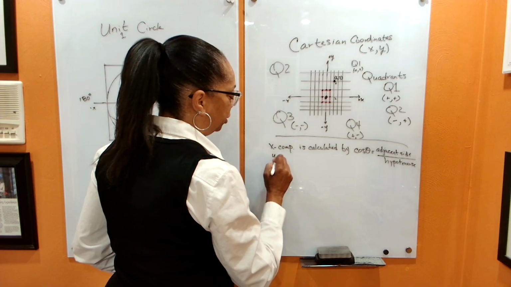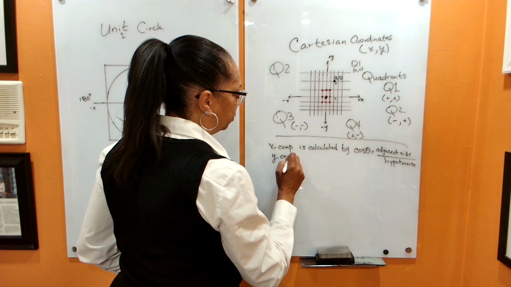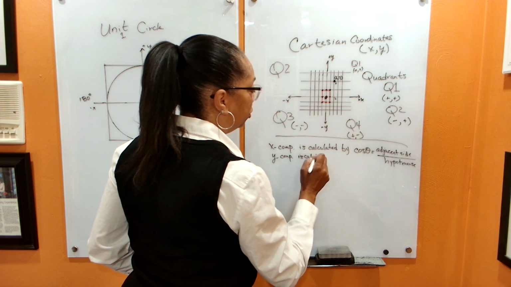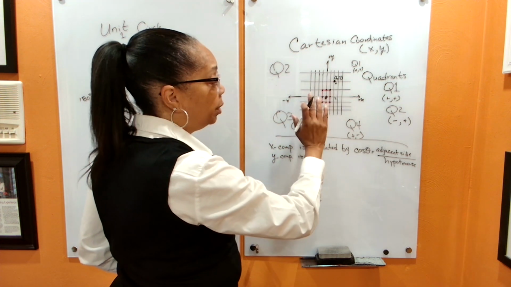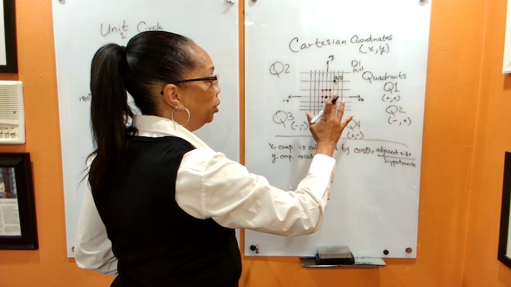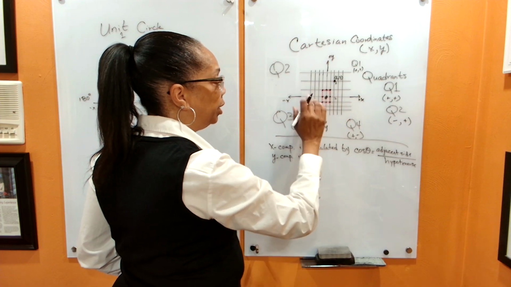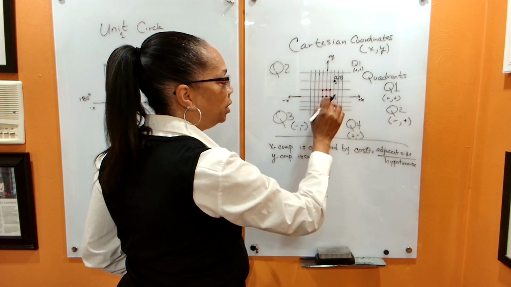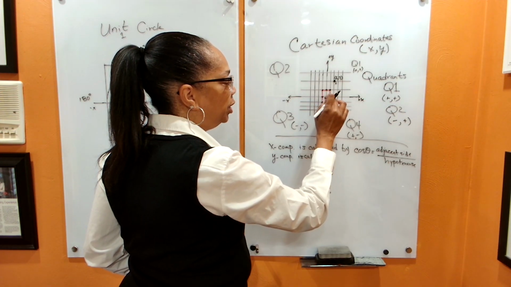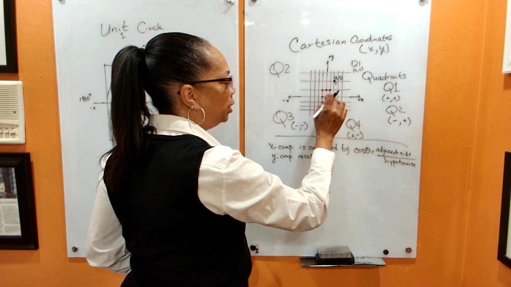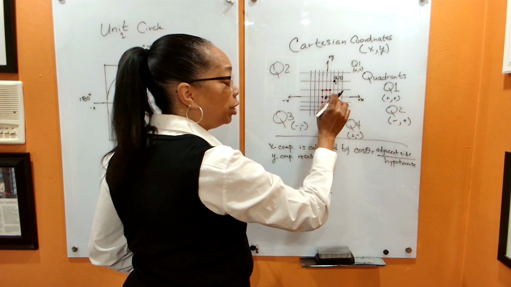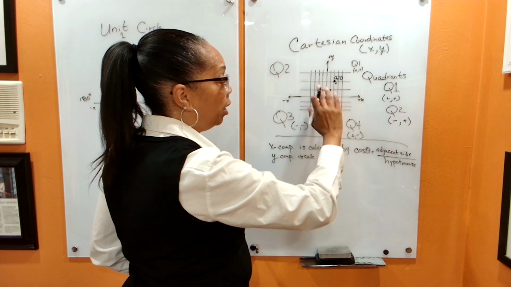So the y component is calculated. Now notice we didn't do any of those calculations up here on this Cartesian grid, because we could just count it out, because we were outside of this little space between 0 and 1. So anything between 0 and 1 is like a half or a fourth or 0.12 or something like that. Boom, we're outside of that.